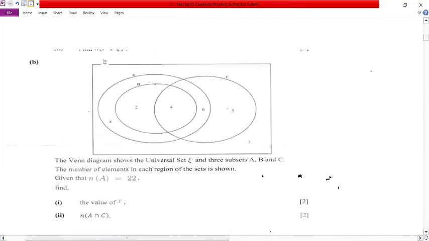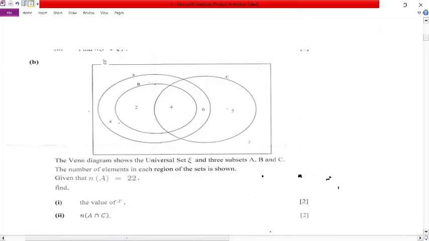The Venn diagram shows the universal set and 3 subsets A, B, and C. The number of elements in each region of the set is shown. Number of elements in A is 22. The first question is saying we need to find the value of X. So the total count of all the elements in A is 22.